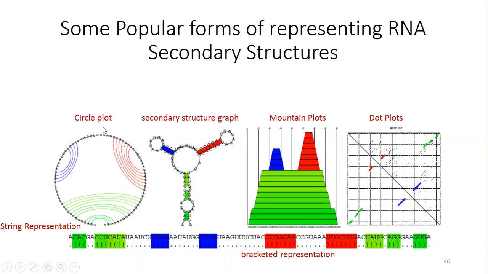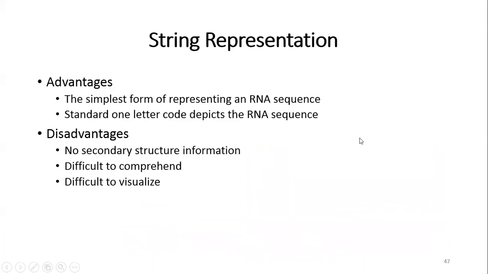Then came the circle plot. After some time, the secondary structure graph was devised. There are some papers that show the base pairing in the form of mountain plots, while some papers show the secondary structure formation in the form of dot plots. Well, now let us talk about them one by one in more detail.